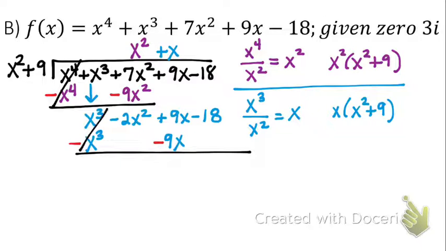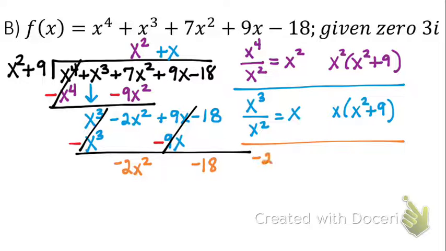This is going to cancel out, and this cancels out. So the only thing left is my negative 2x squared and my negative 18. So we have to do this one last time.